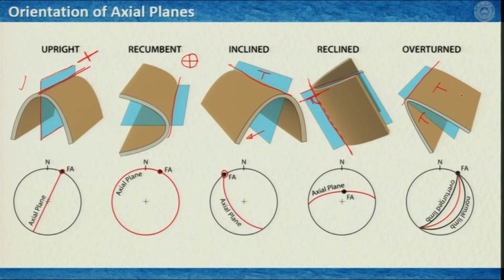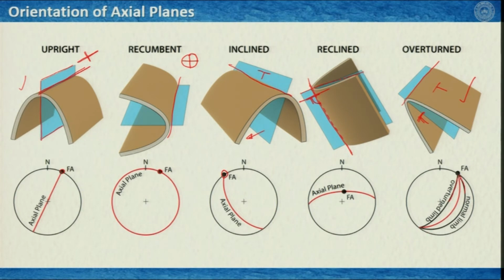In the overturned fold, we call this one the normal limb, which has the lowest dip amount. So, this is the normal limb, and then this one is the overturned limb, that means it got turned towards the normal limb, giving rise to the same dip direction, but with a different dip angle, and this is therefore the overturned limb.